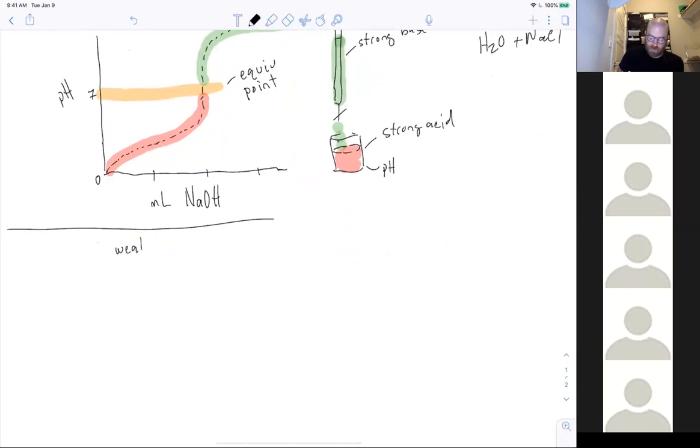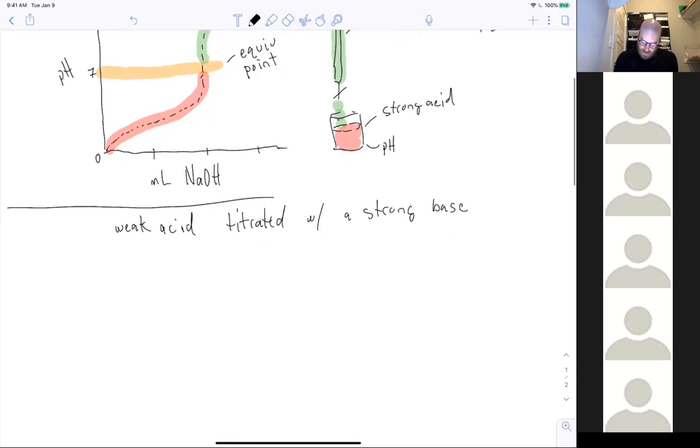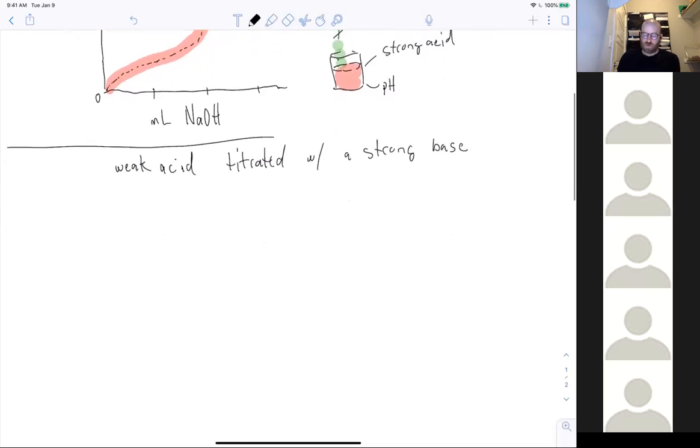Let's look at a weak acid titrated with a strong base. So we've got a weak acid titrated with a strong base.